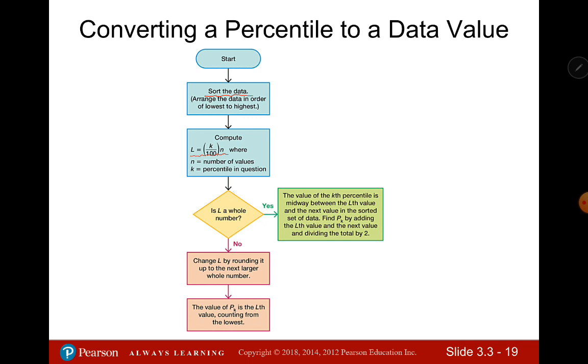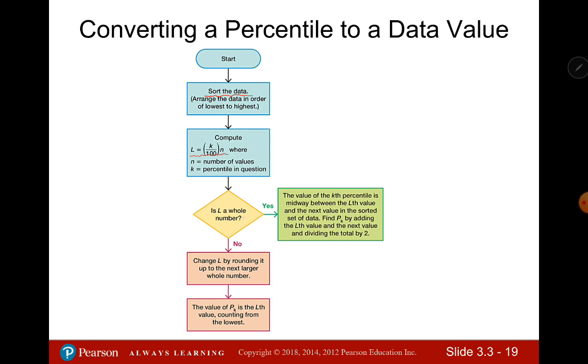But we will have different ways here, depending on whether the L we get is a whole number, yes or no. If yes, it's a whole number, then the x value we are interested in is midway between L's value and the next value.